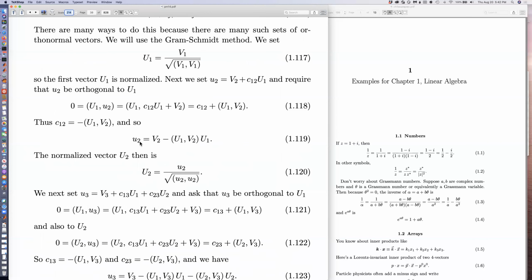And so we can compute the norm of U2, and we can divide by it. And now this is automatically a normalized vector, because if you take the inner product of U2 with itself, you get in the numerator the inner product of U2 with itself, and in the denominator you also get the inner product of U2 with itself. So that gives unity.